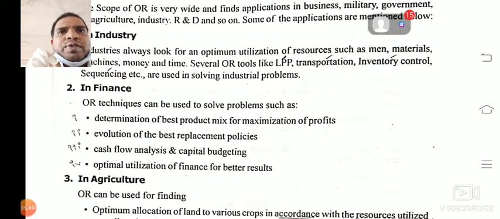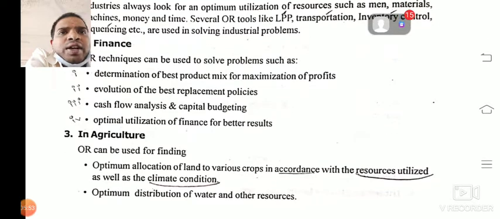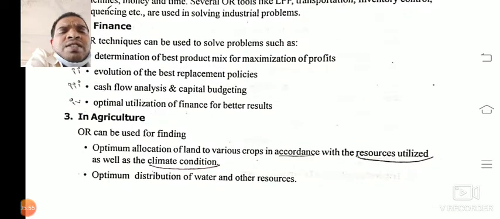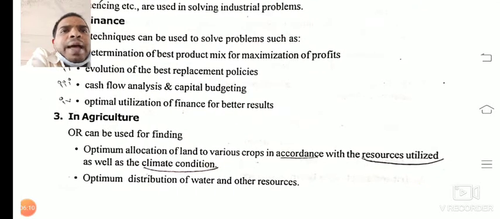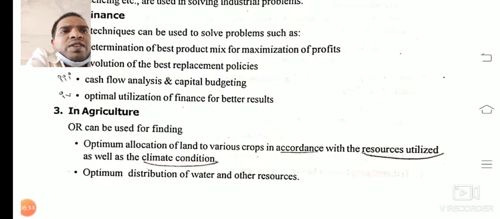When it comes to the agriculture field, the OR technique can be used for optimum allocation of land to various crops in accordance with the resources utilized as well as the climate condition, and optimum distribution of water and other resources.